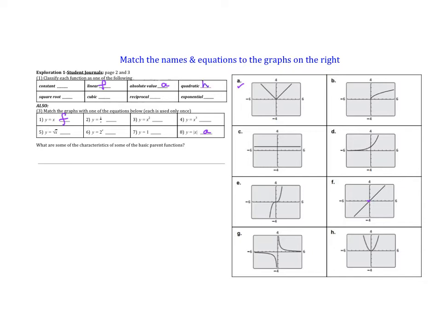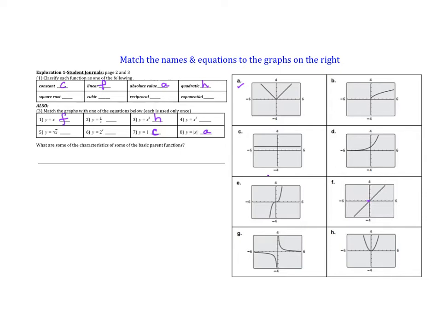And the equation for a quadratic is x squared right there. Next, let's look at constant. So I did say that, yes, this looks like a line here, letter C, but that's a constant. So that is letter C. And then number 7, y equals 1, that is our constant, okay? Y equals 1, so it's a horizontal line at 1.